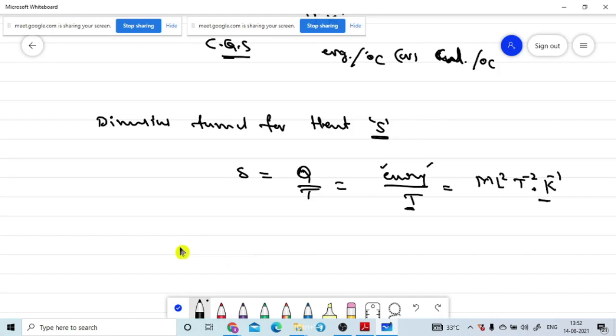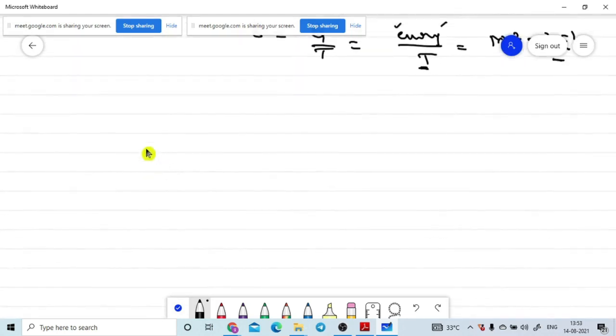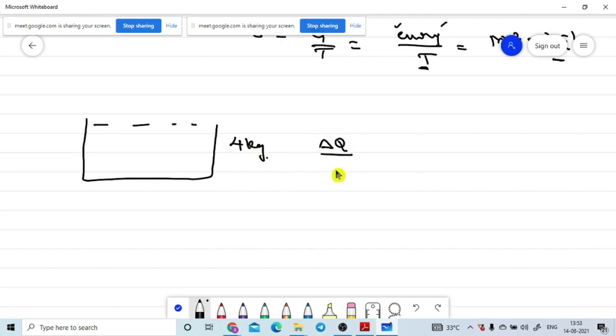Now they may ask the question. Heat capacity is defined for the entire mass of the system. Now I am taking 4 kilograms of mass. How much heat is required to raise the temperature, and by how much we raise it, that is the heat capacity.